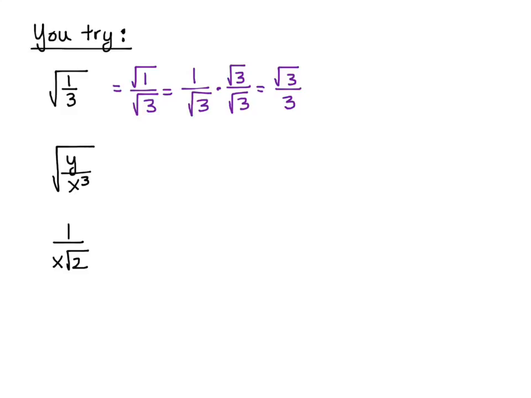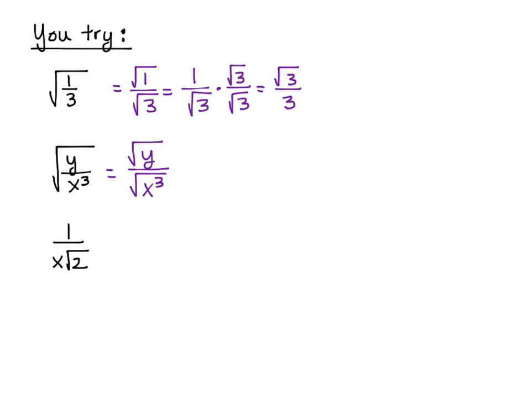Okay, I got square root of x to the third times y over x cubed. Okay, now the first rule was to take out all the possible factors that are greater than a square, right? All right, so let's split this up first, okay?